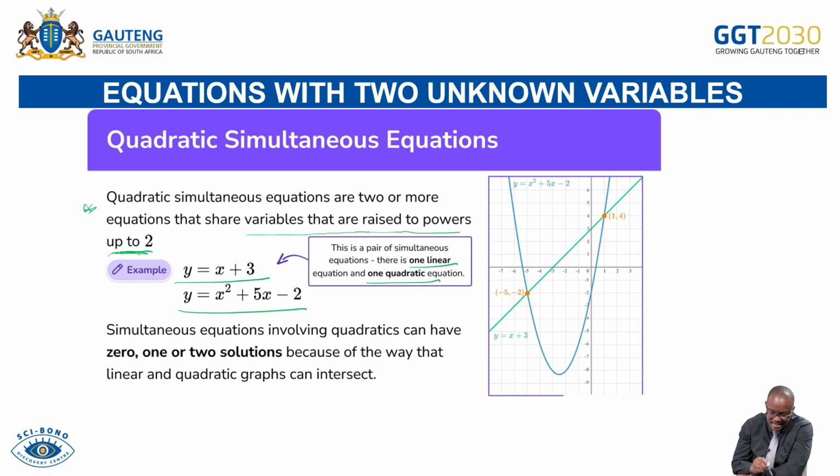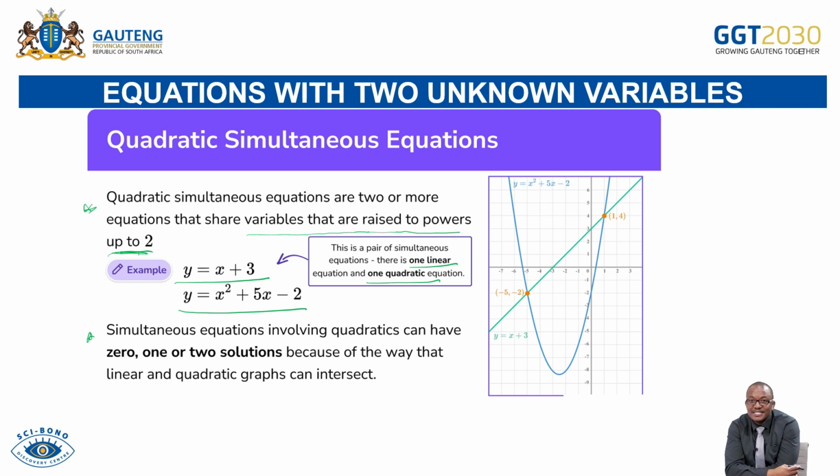And it further says simultaneous equations involving quadratics can have 0, 1, or 2 solutions because of the way that linear and quadratic graphs can intersect.